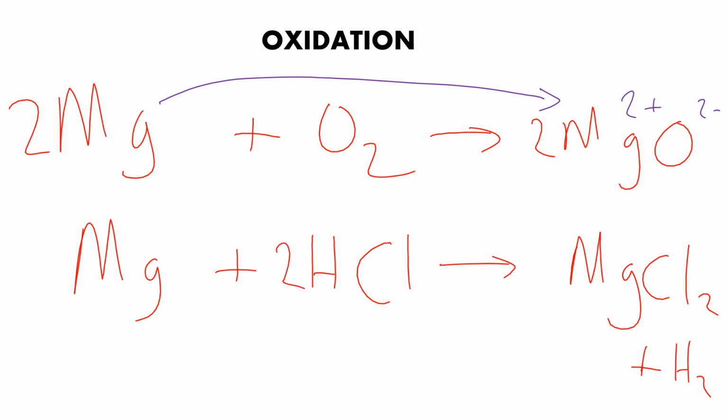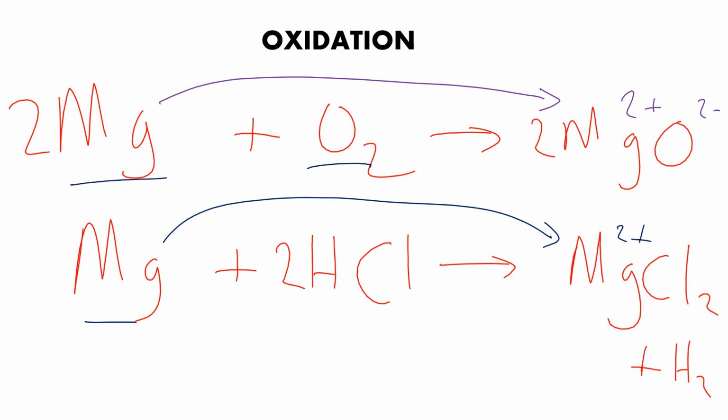Again, you would say the magnesium has been oxidized to magnesium plus 2 ions. No oxygen was involved. So both the reaction of magnesium with oxygen and magnesium with hydrochloric acid are oxidation reactions.